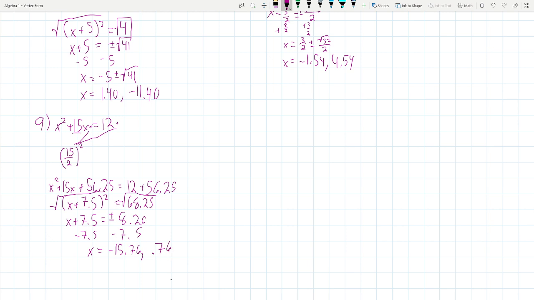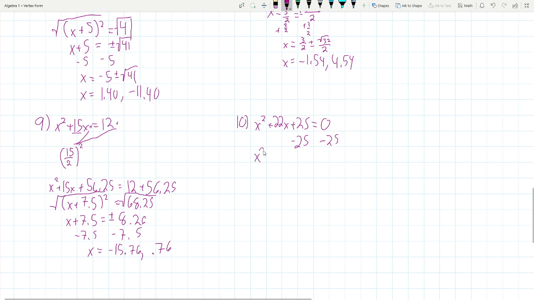Okay. Let's do number 10. x squared plus 22x plus 25 equals 0. How this one's a little bit different is we don't have anything on the right-hand side, and we have a value for c. It's always worth checking to make sure that it doesn't factor before you just try completing the square. In this case, it doesn't, so I subtract 25 from both sides.